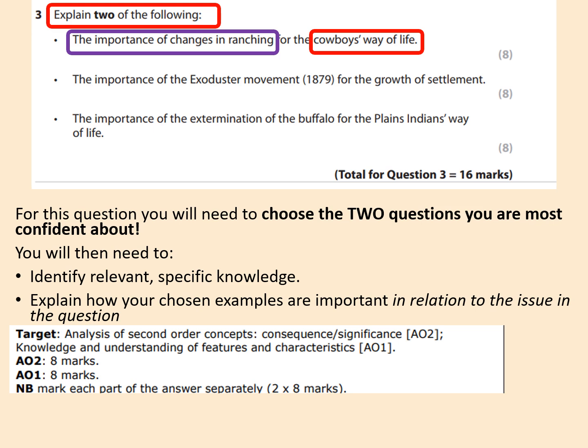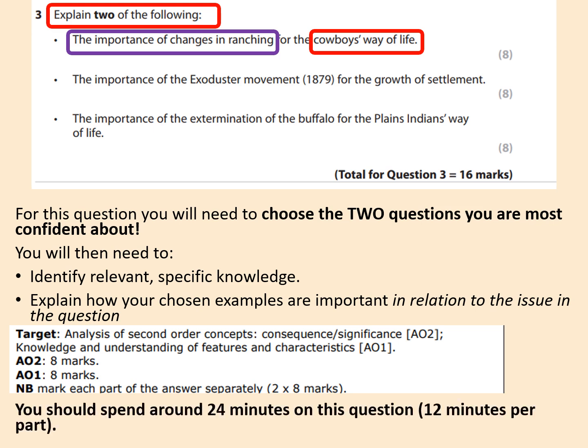That's another word for importance, and we call that assessment objective 2. Your knowledge and understanding of features and characteristics, in other words just what you know, is assessment objective 1. You get 8 marks for AO2 and 8 marks for AO1, but note that each part of the answer is marked separately. So effectively it's 4 marks for AO1 and 4 marks for AO2 for each of the two questions that you answer.